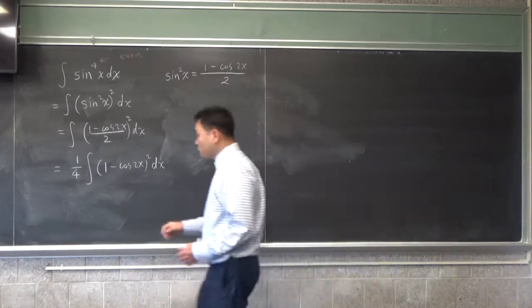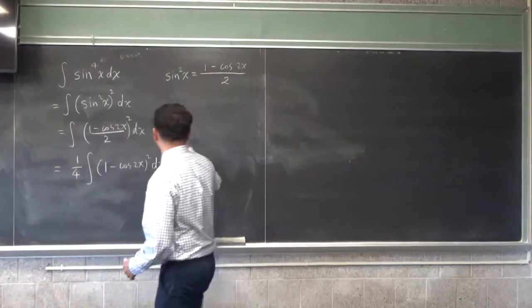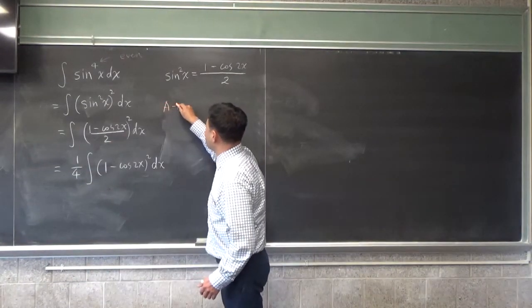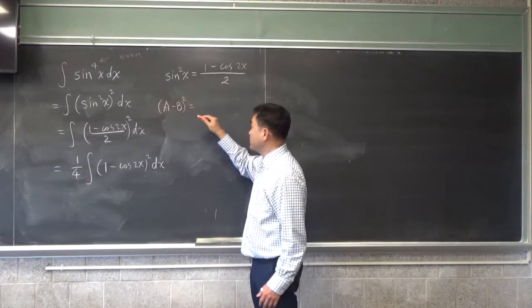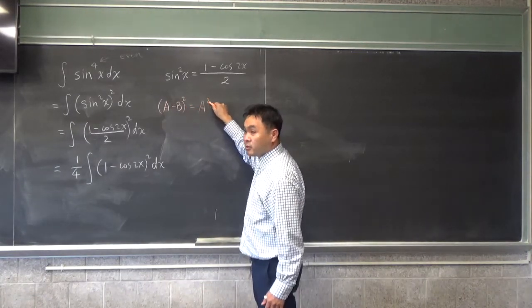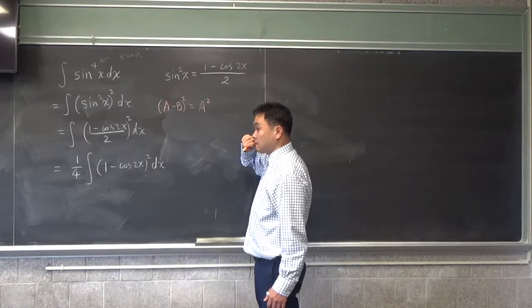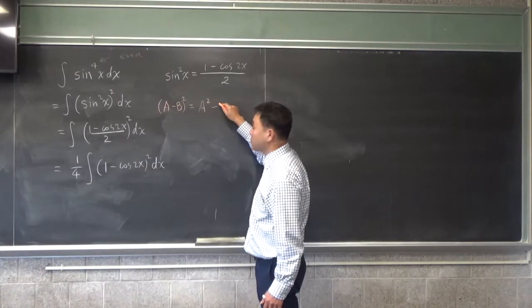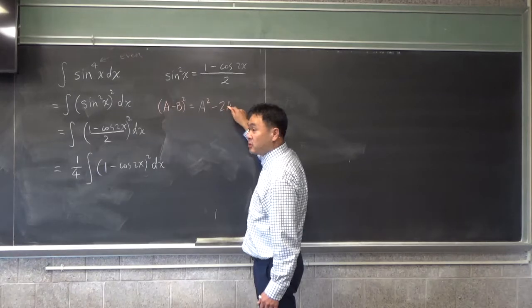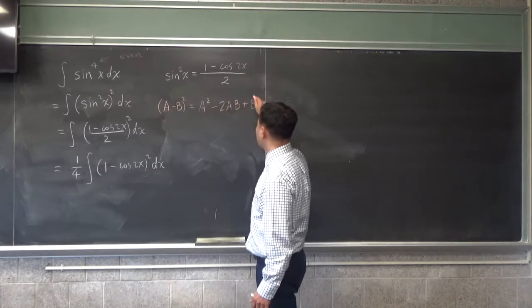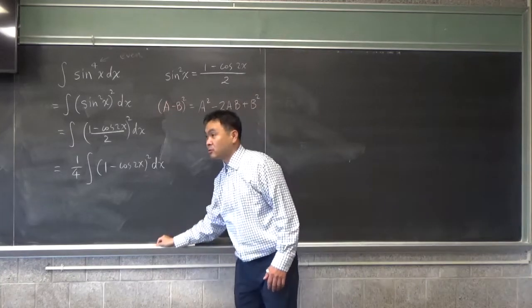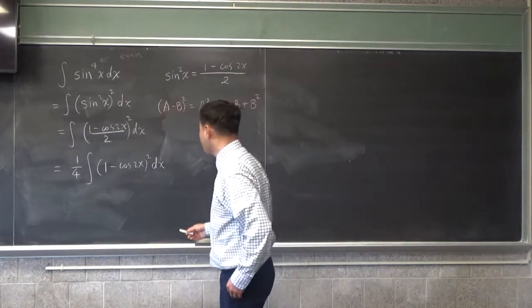Okay, for this we will use a minus b squared is what? A squared minus 2ab plus b squared. Okay? So there's this identity, right?